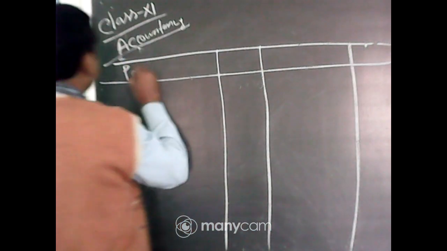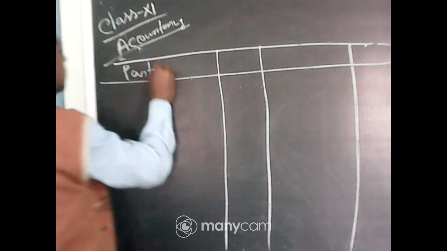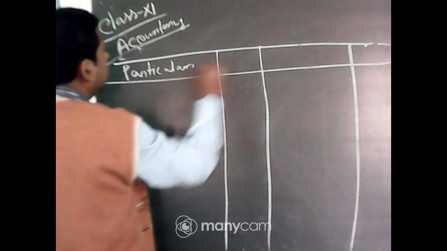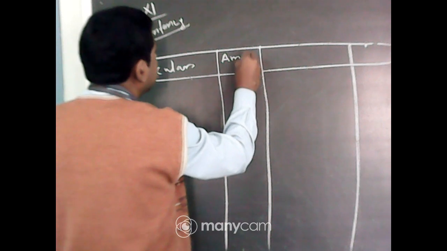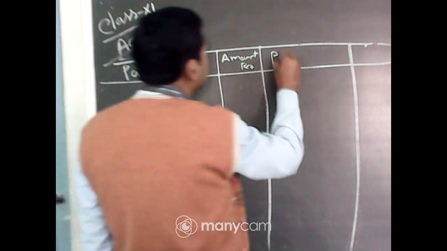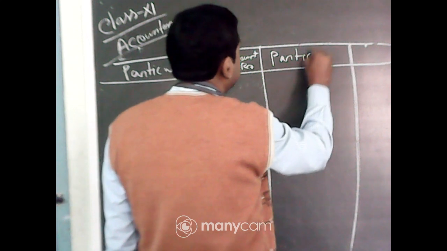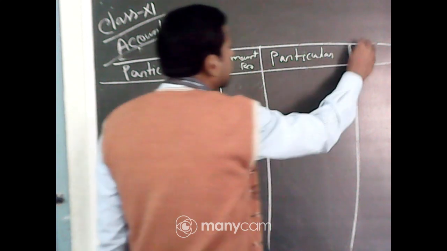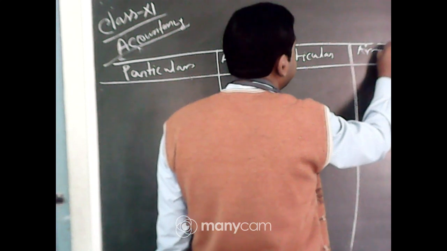That is particulars, amount rupees, particulars, amount rupees.